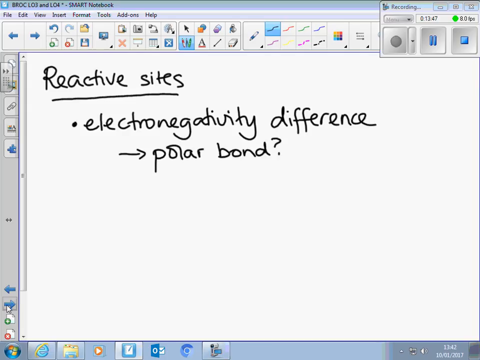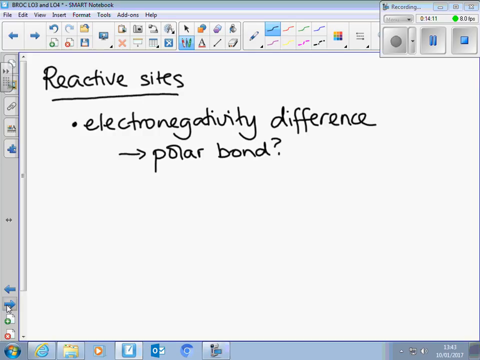Because if you've got electrons spending more time around one atom than another, then it's going to be easier to move them. If they're equally shared, then less so. It's a bit like a tug of war. If you've got two completely balanced teams pulling on a rope, it's harder to disturb the equilibrium than if you've got one very strong team and a weaker team.